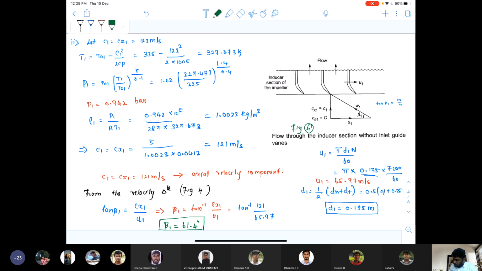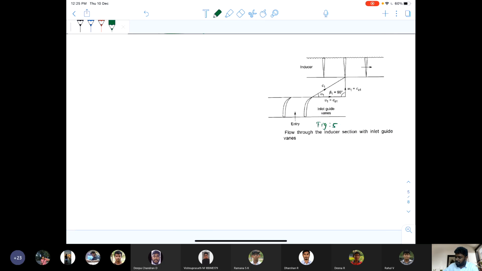Okay, now we should find the value of the relative Mach number, and the relative Mach number is given by the equation MW1 is equal to W1 divided by A1.